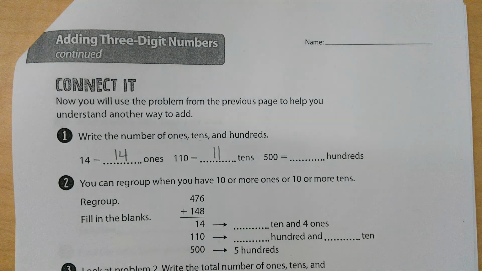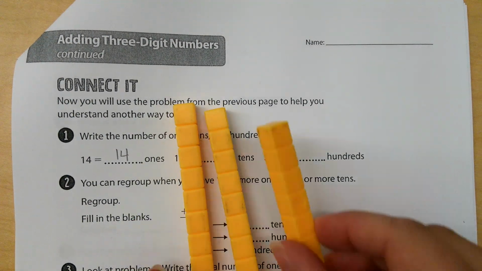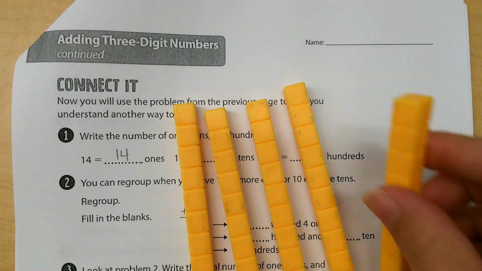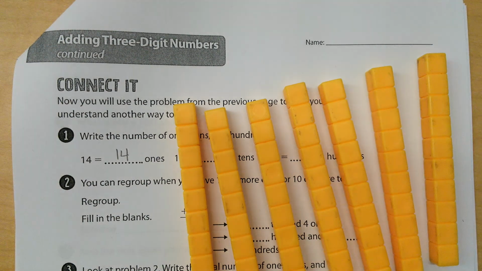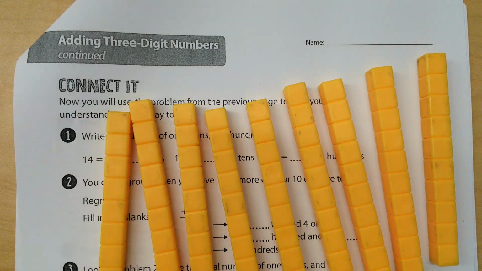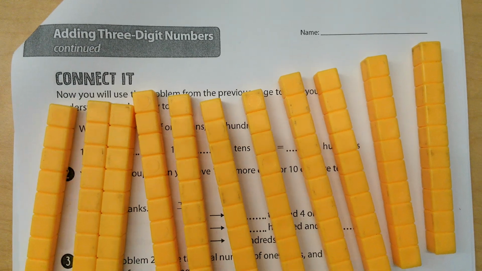There's 11. And if you needed to see that, I have our place value box here in class, so I'm going to get 11 tens. 1, 2, 3, 4, 5, 6, 7, 8, 9, 10, and 11.